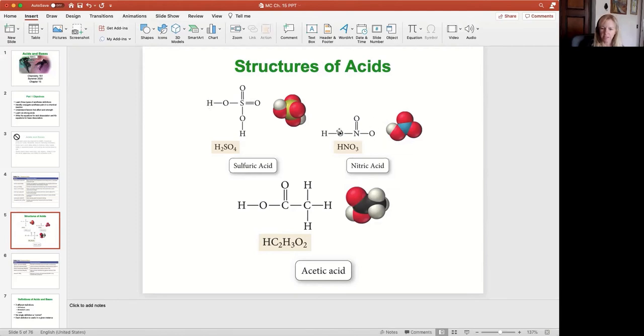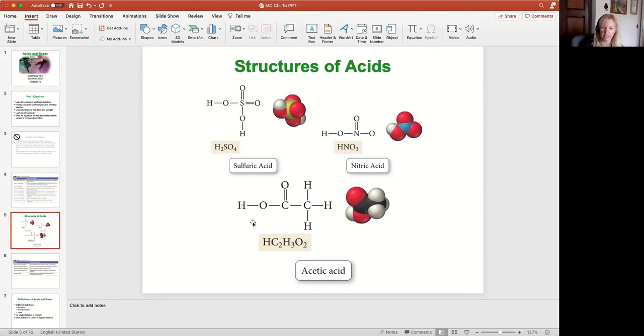Nitric acid, so here's the nitrate polyatomic ion, NO3, and then here's that ionizing hydrogen attached to the oxygen. And then organic acids have what we call a carboxylic acid group, which is C double bonded to O, single bonded to oxygen, which is then bound to the ionizing hydrogen.